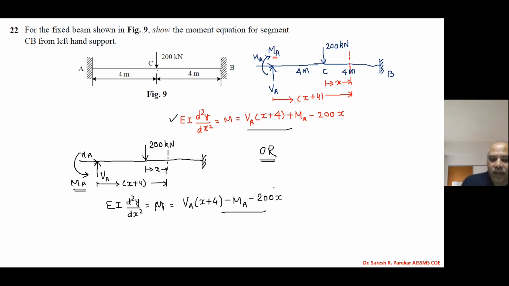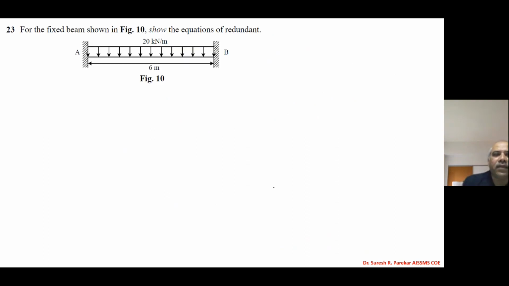So this is one question which is from fixed beam, and then we have another question that is from fixed beam, and here show the equations of redundants. So now we have to go to step 1. So we have static indeterminacy.